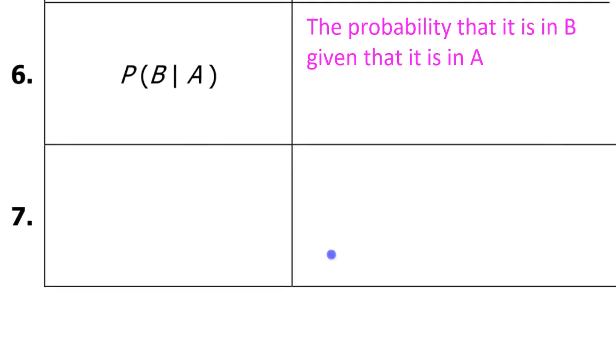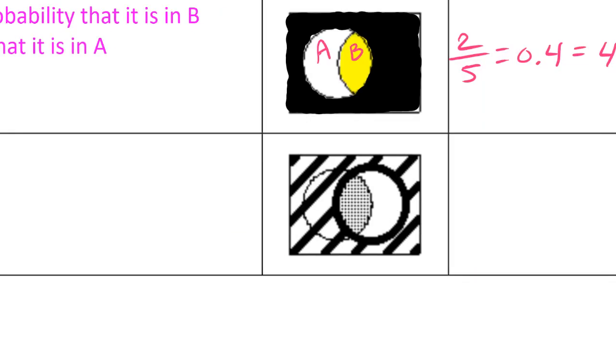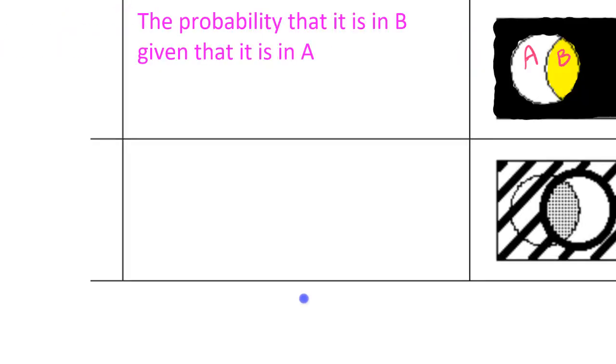For problem number 7, we're given the picture. So can you see the new smaller universe? See all these black lines? They're showing that we're blacking out everything except for set B, circle B. So that means circle B must be the given, because that's the new smaller universe.